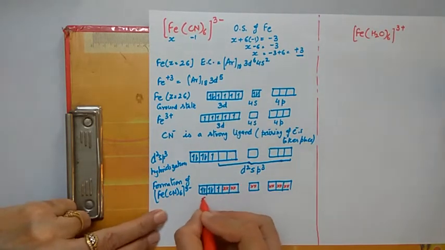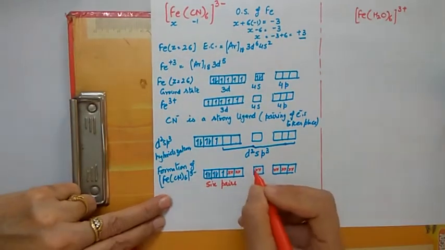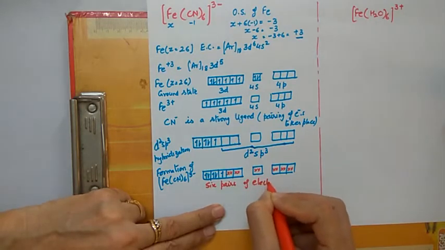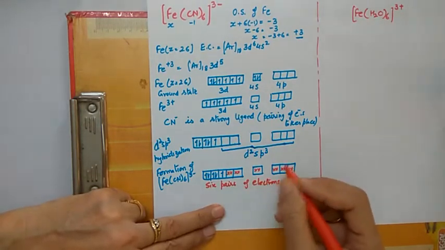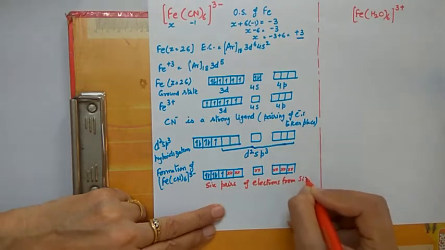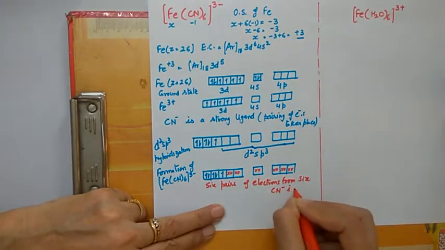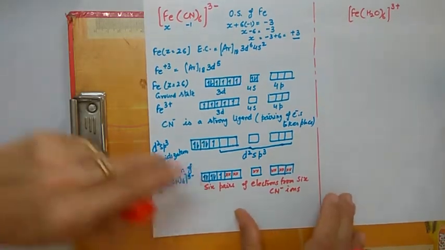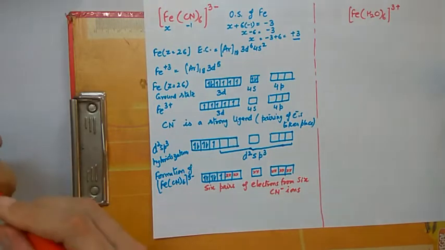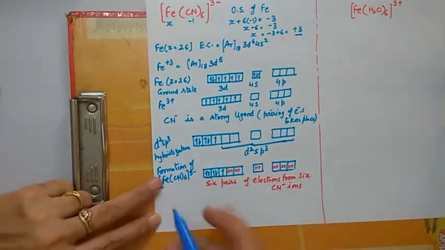So 6 pairs of electrons from 6 CN negative ions. Clear? So this will be the bonding in Fe(CN)6 3 negative. Now you have to write 3 important points.